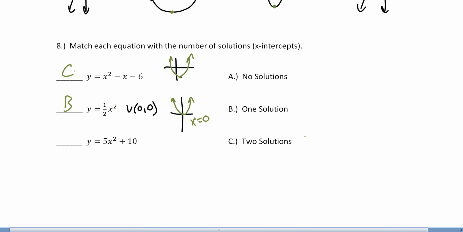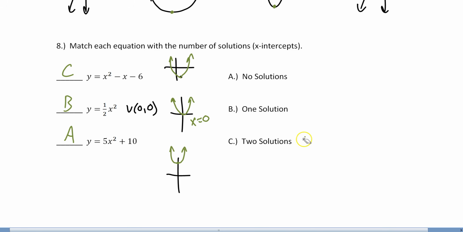And then this last one, the vertex would be up here somewhere, and this thing opens up, and so you can see that it doesn't cross the x-axis at all, and that's why it's no solution. Okay, so just quickly looking at the graph, think about the vertex and the direction of opening. That'll tell you how many solutions this thing has.